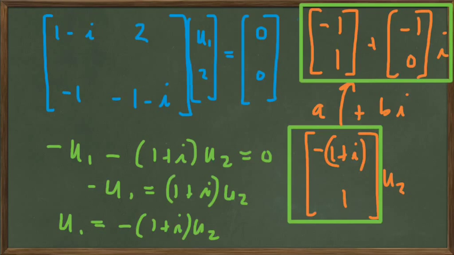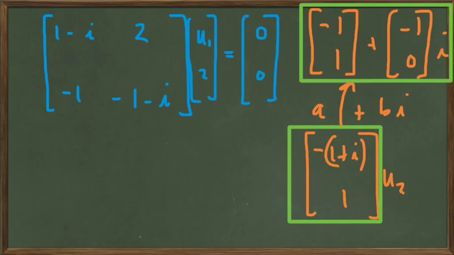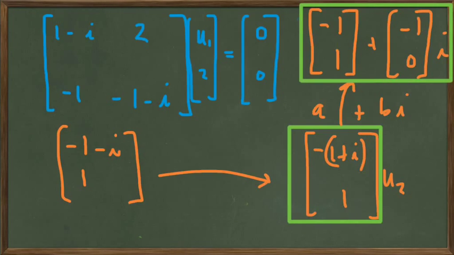So if we add up, we get, in the first entry, minus 1 plus minus 1 times I. So we get minus 1 minus I in this top position, and if we go to the bottom position, we get 1 plus 0I, or just 1, and that matrix is the same as this matrix and this matrix. And so what we've done actually is we've gotten the A and the B.